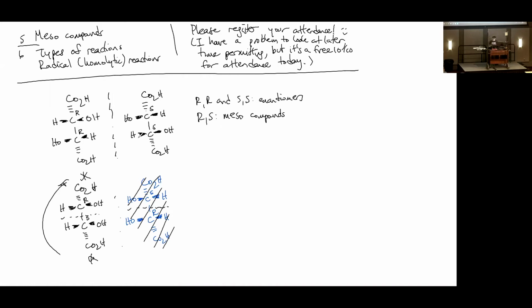Good question, though. One last thing I will tell you about meso compounds that just follows directly from all the definitions we've given in this chapter. If you took a solution of any meso compound and put it in a polarimeter like we described, with the beam of plane polarized light and all that, its specific rotation would be 0.